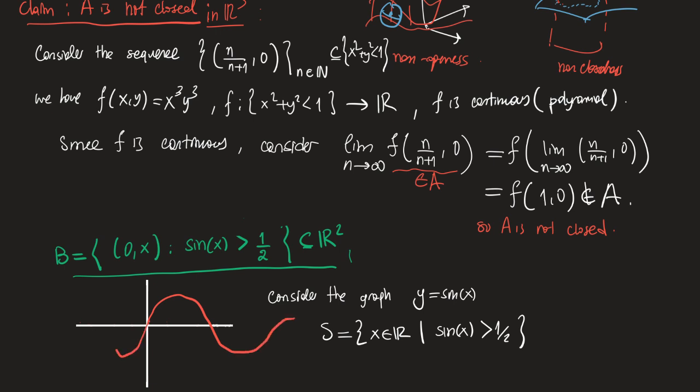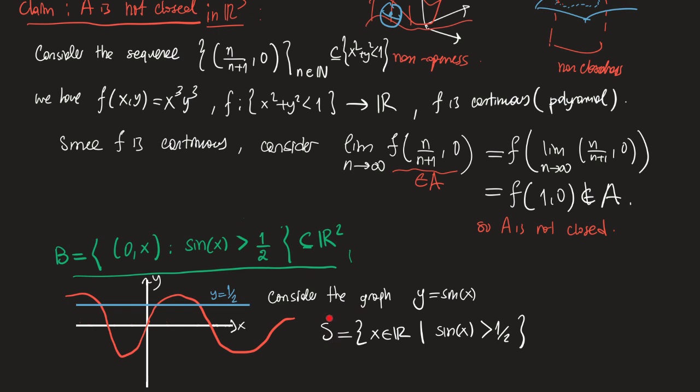Let me make another line. This blue line is y equals 1 over 2. And let me also write the axes, x and y.